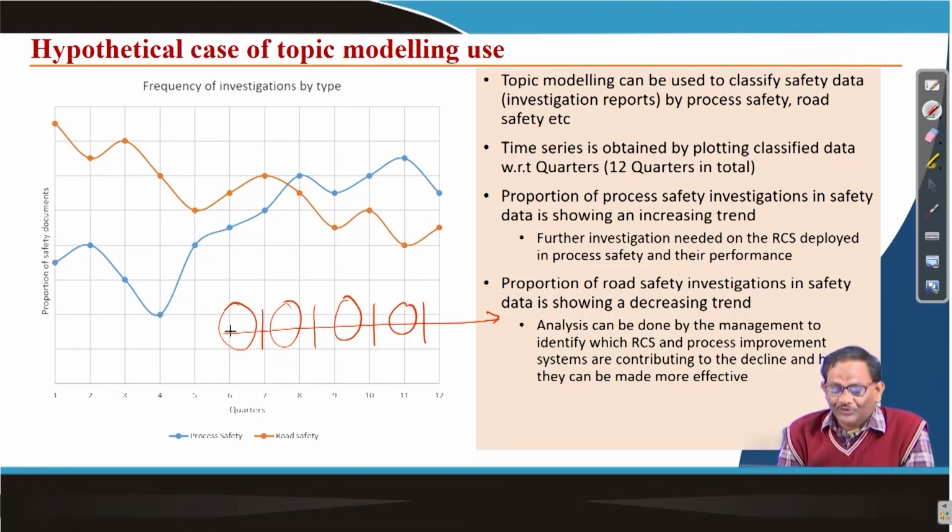For example, if process safety related concerns are increasing over the quarters, whereas road safety related things are decreasing.